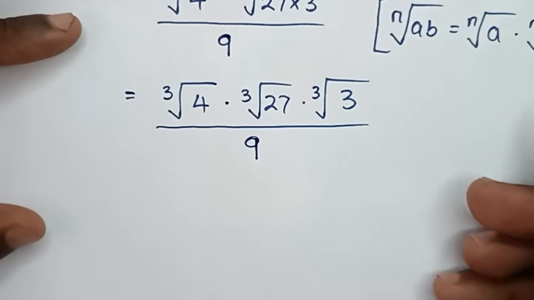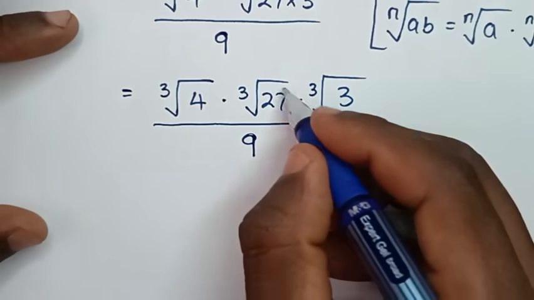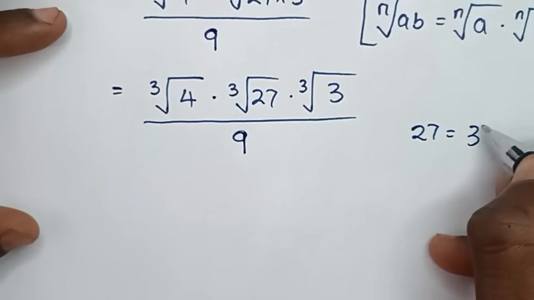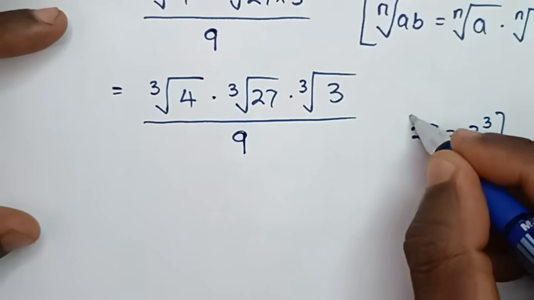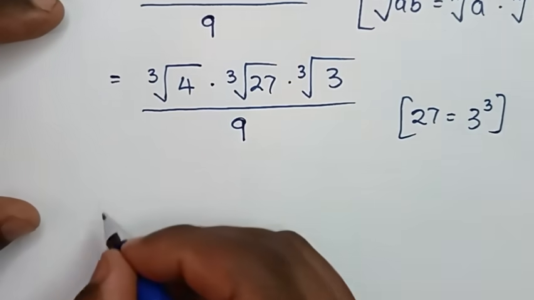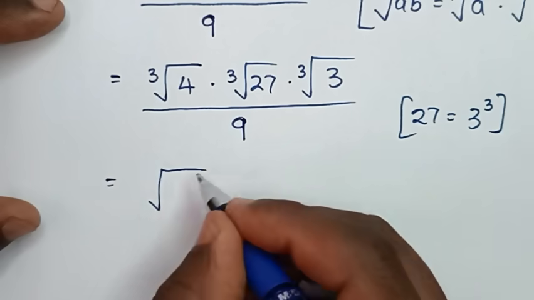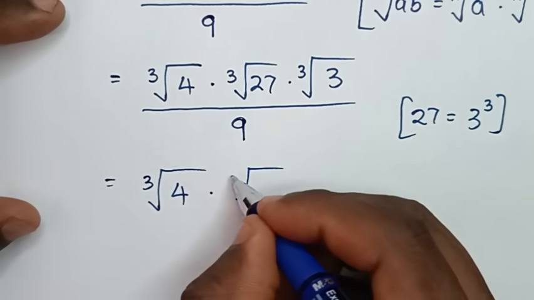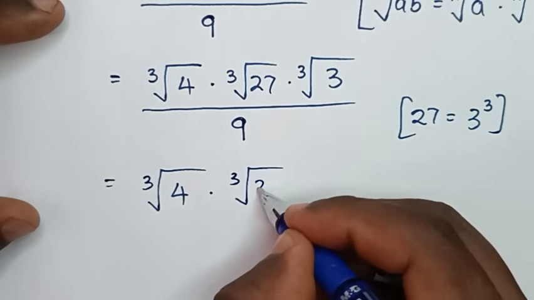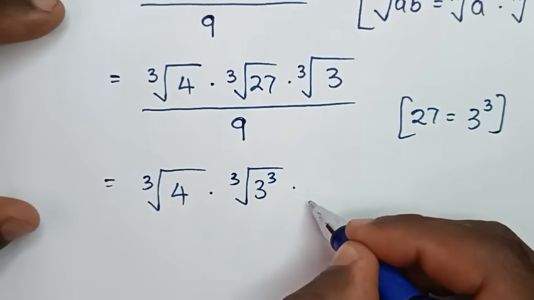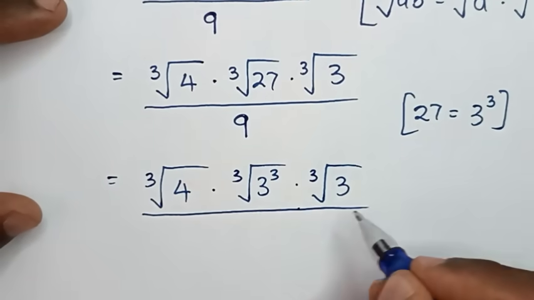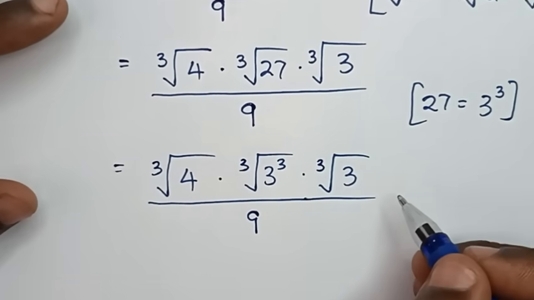Then 27 is equal to 3 power 3. So it will be equal to the third root of 4 times the third root of 3 power 3, times the third root of 3, then over this 9.